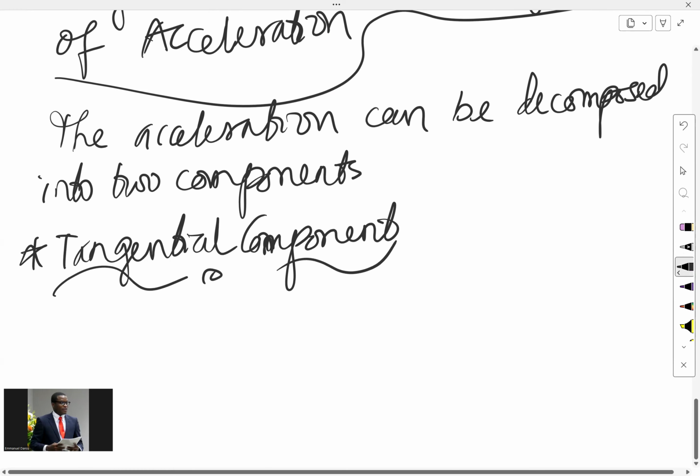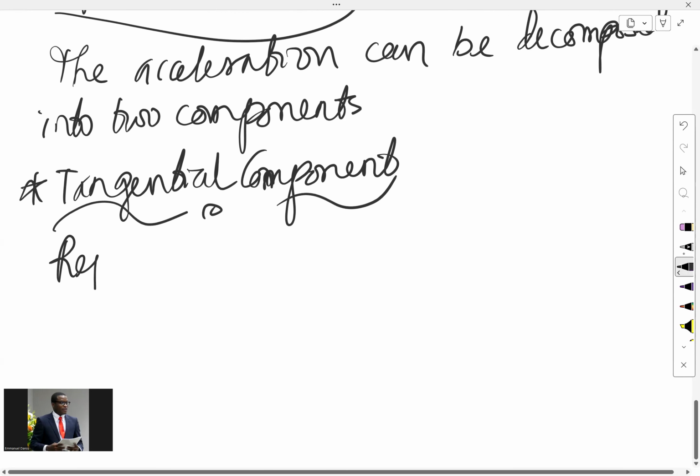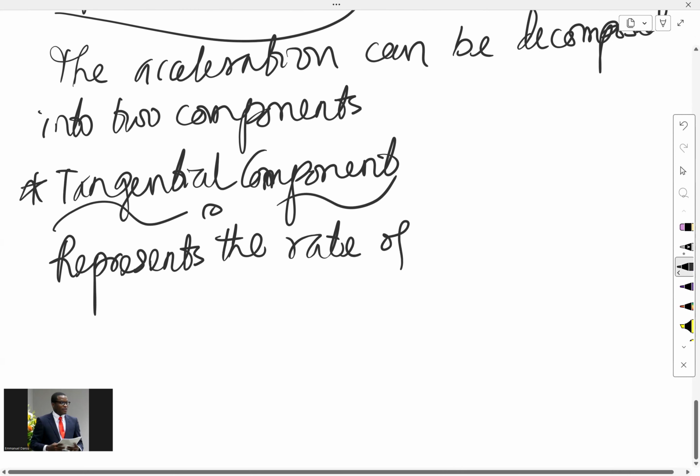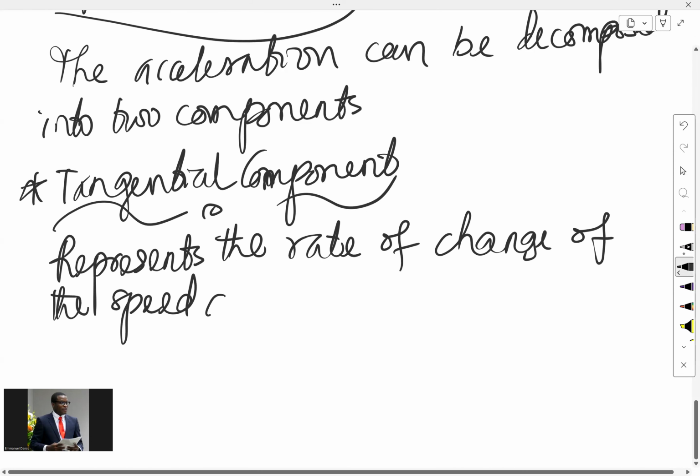What does that talk about? It represents the rate of change of the speed along the path.